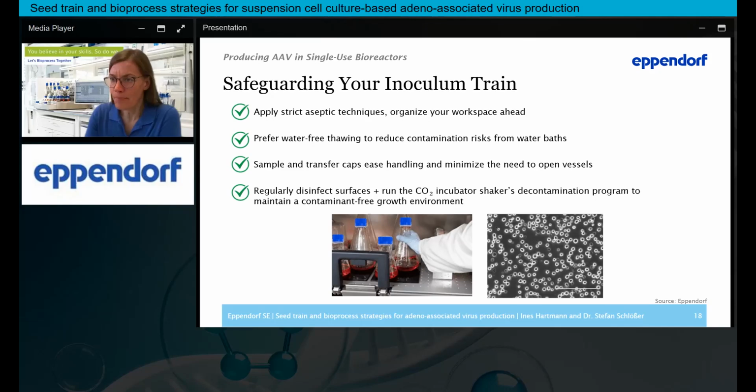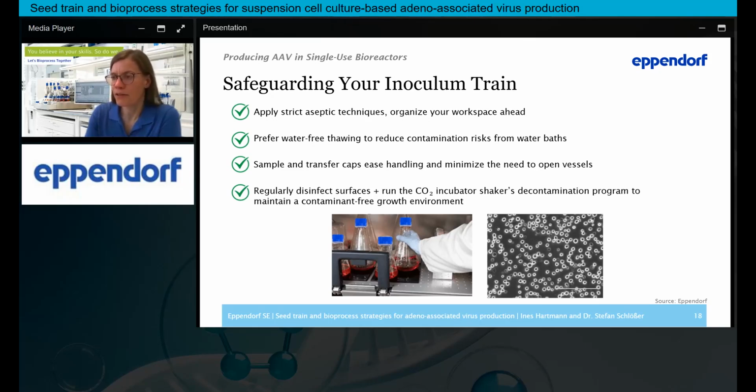So to sum up, safeguard your inoculum train, so the time before the bioreactor. Of course, apply strict aseptic techniques, organize your workspace ahead, and prefer water-free thawing to reduce contamination risks from a water bath. Sample and transfer kits we find quite easy to handle, and they also minimize the need to open the vessels.